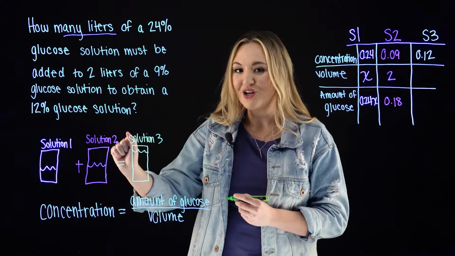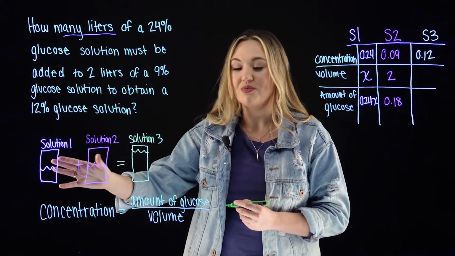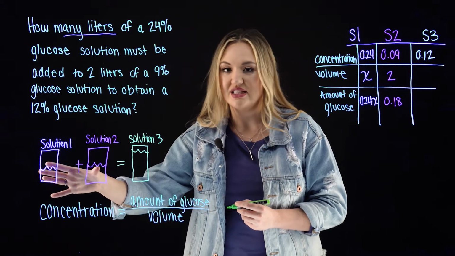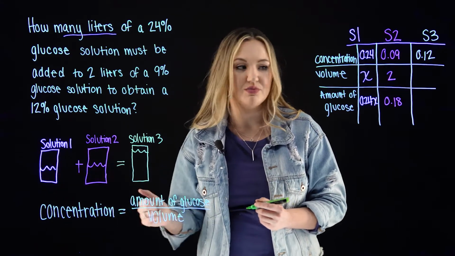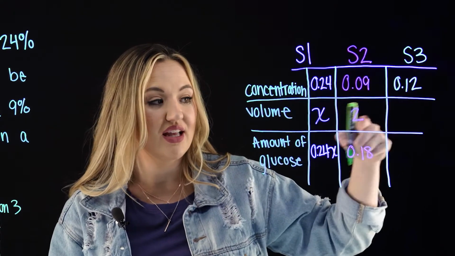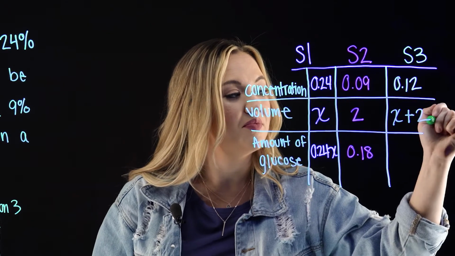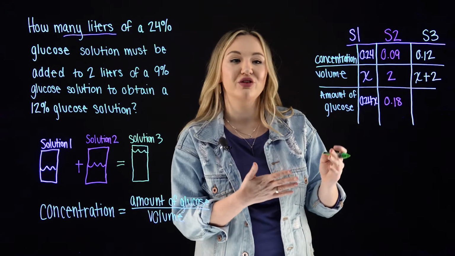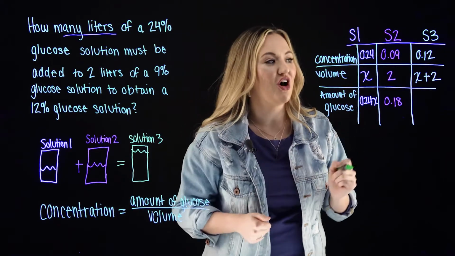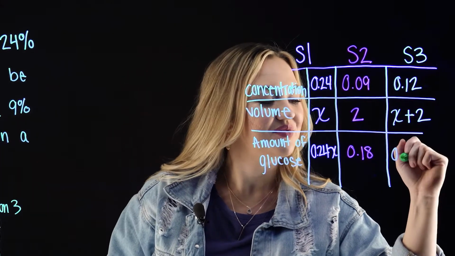If you pour solution 1 into solution 2, you get a volume that is equal to both of these solutions, so it's just an addition problem. The volume of solution 3 is x plus 2. And then our amount of glucose, remember it's concentration times volume, so we'll multiply 0.12 times x plus 2.